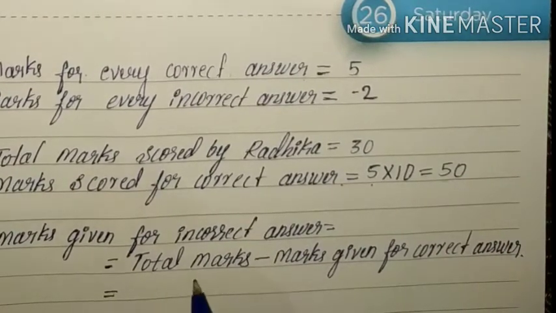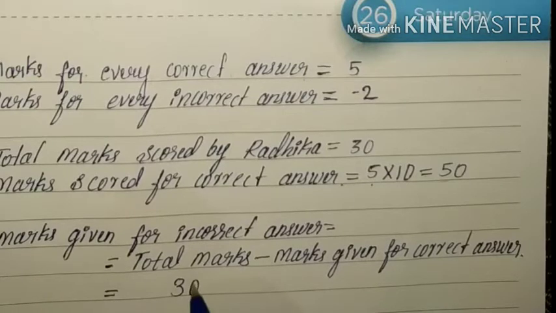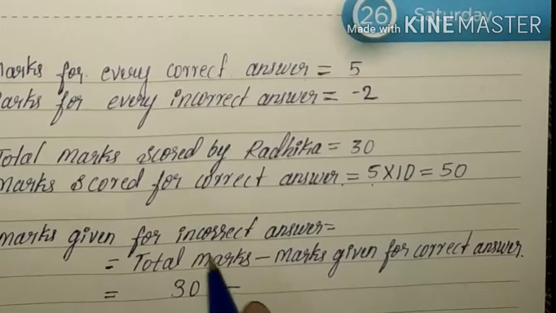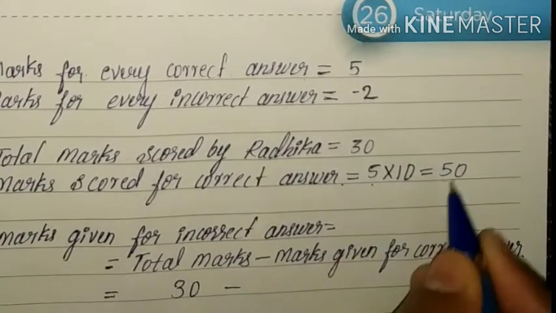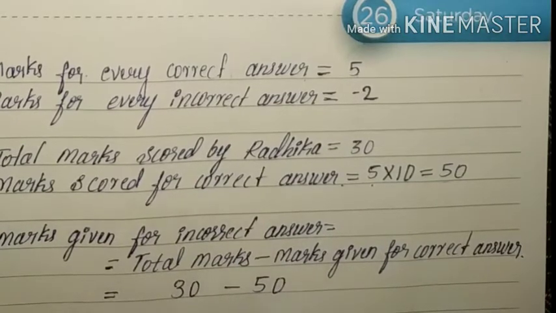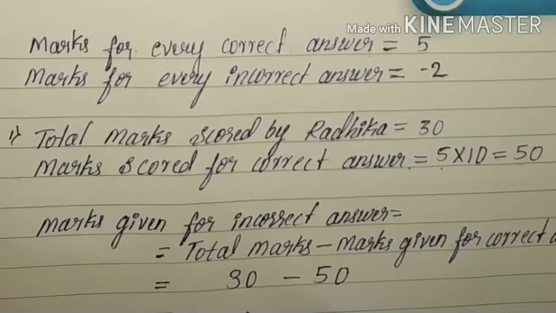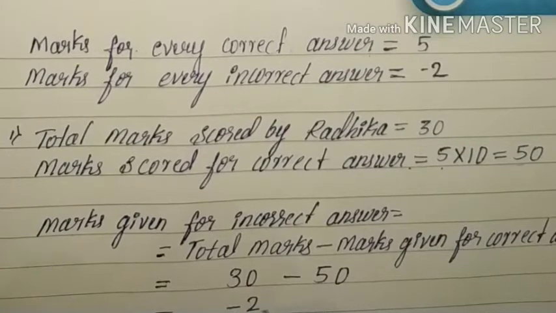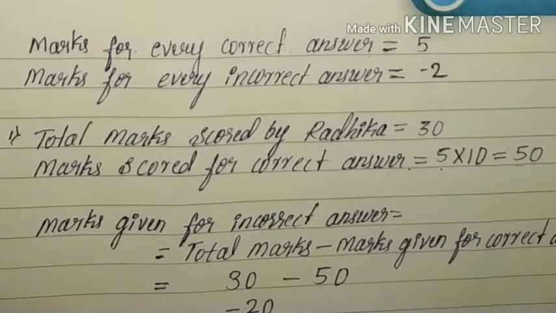What is total marks? 30. And marks given for correct answers is what? 50. So 30 minus 50 is what? Minus 20. Now we have to find the number of incorrect answers.